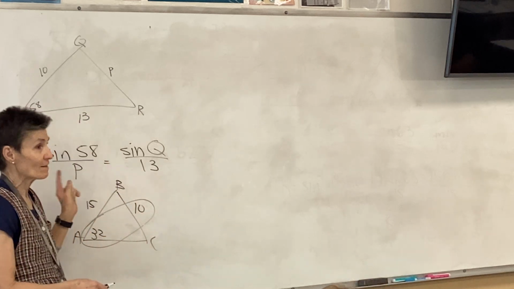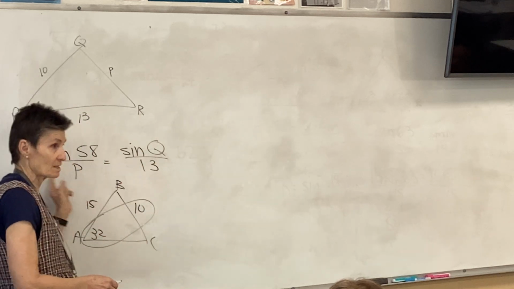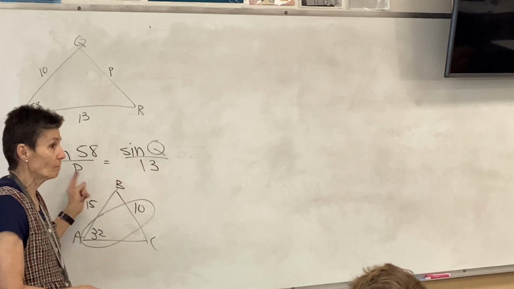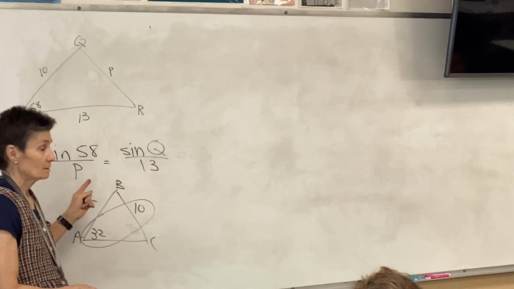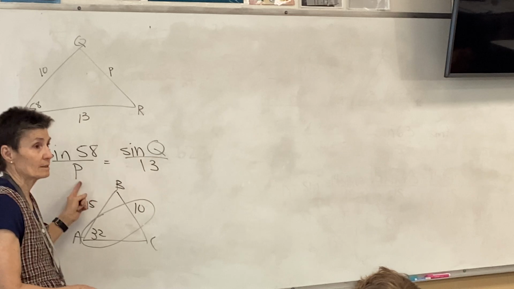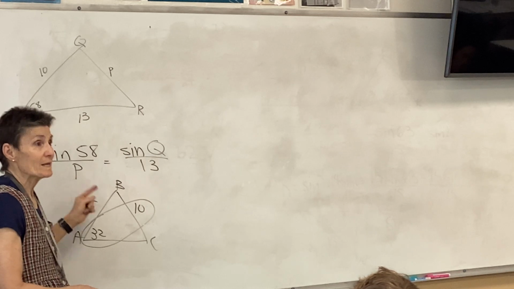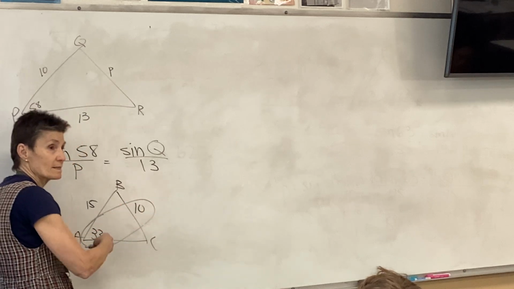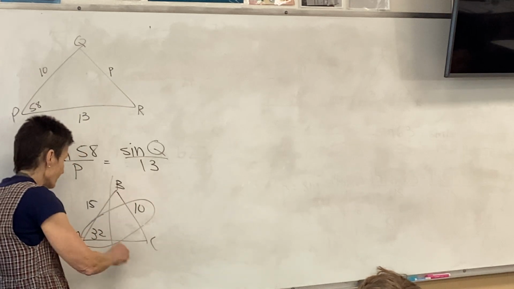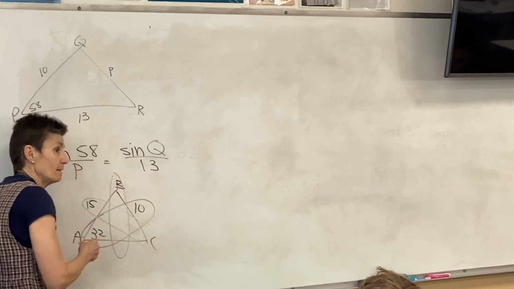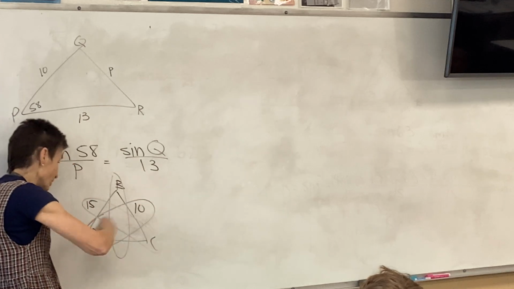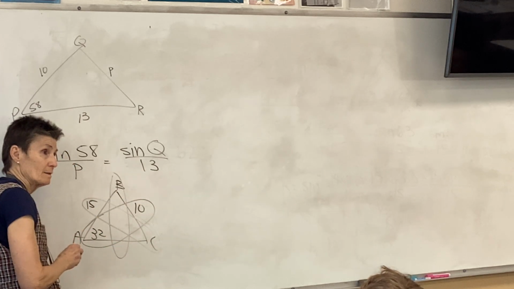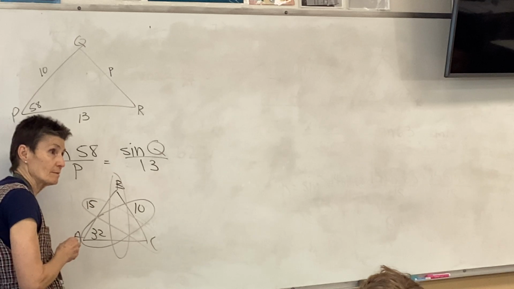If you do not have that set, you run into this problem. This is not solvable. It has too many variables in it. So we can't use the law of sines. We can only use the law of sines when we have this set, or this set. If you don't have both of those, then you can't use the law of sines.